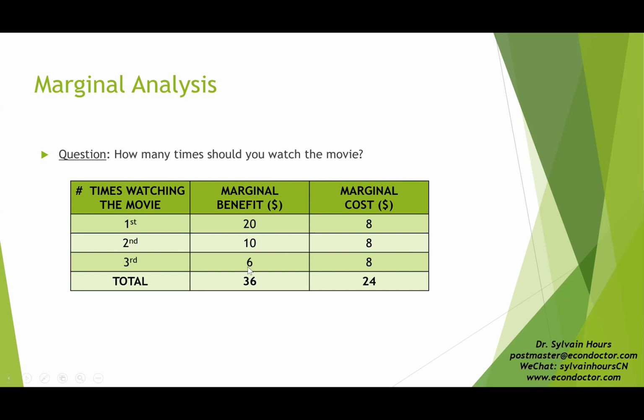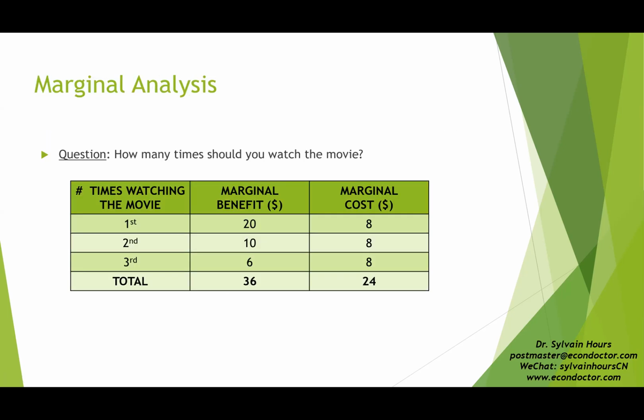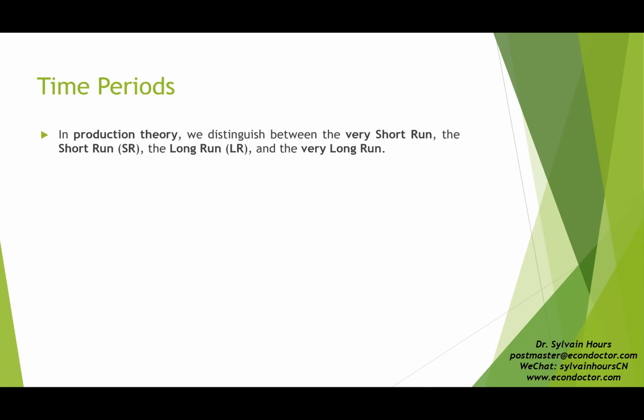No, because the marginal benefit is less than the marginal cost. So even though overall, if you watch the movie 3 times, the total benefit, 36, is greater than the total cost, 24, you should only watch the movie twice, not 3 times. Okay, pretty easy.